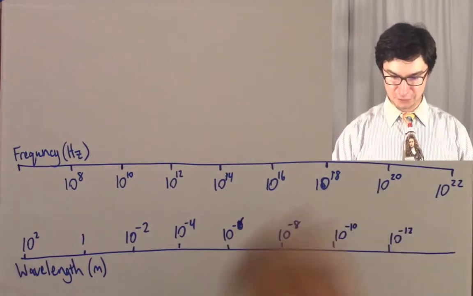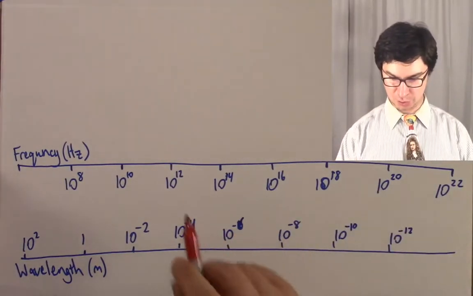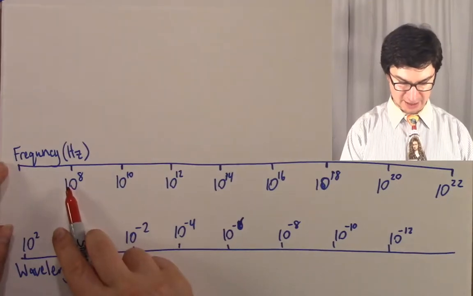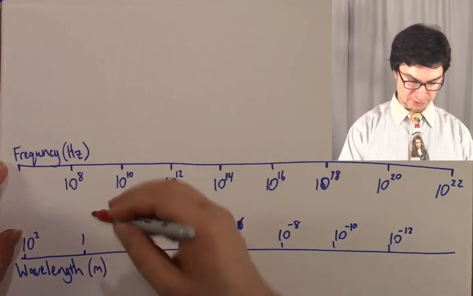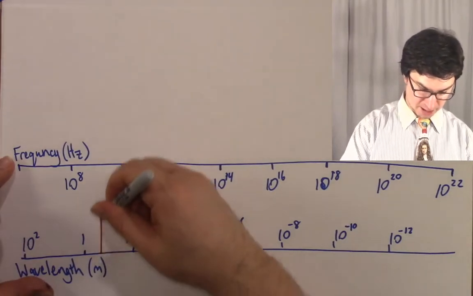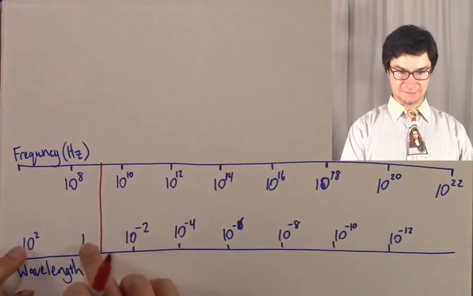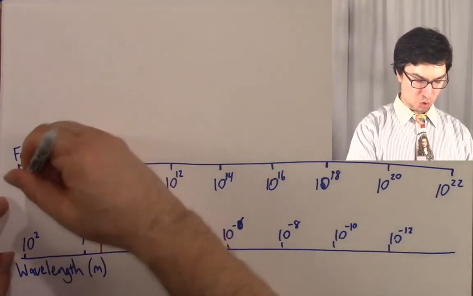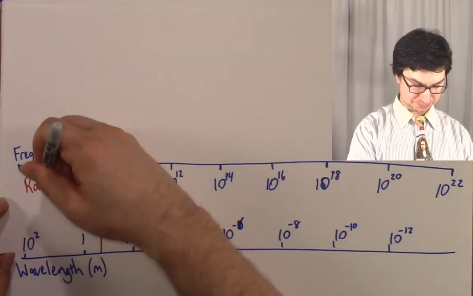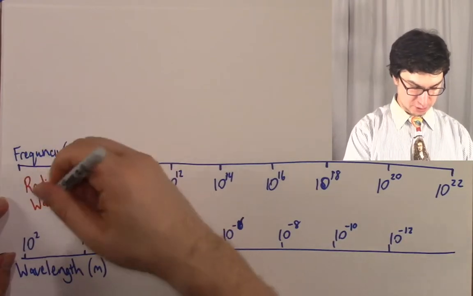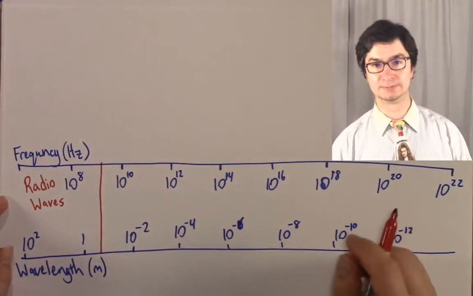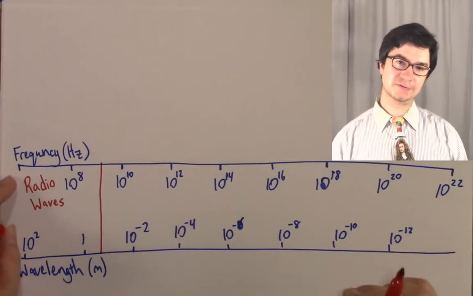So our first category of waves is going to show up between 10 to the 8th and 10 to the 10th hertz, a little bit after 1 meter. The dividing line is going to be right about here. And this first section are what we call radio waves. And we all know that radio waves are used for radio, but they're also used for telescopes.